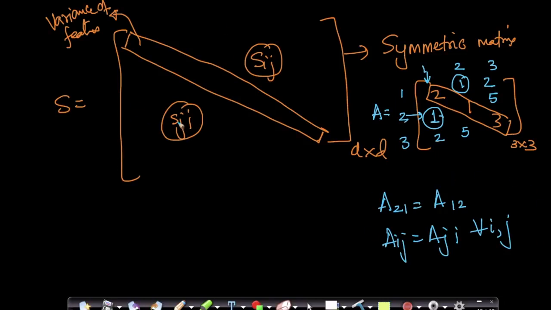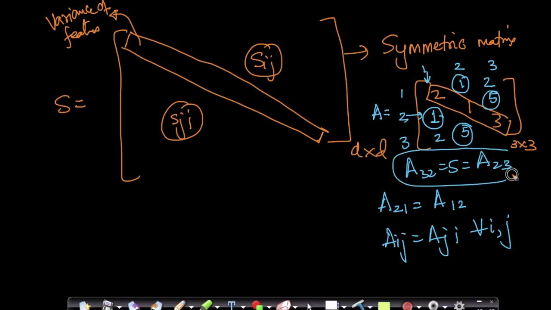In this matrix, since Sji equals Sij, look at it like this. This is A32, third row, second column, which is 5. What about A23? Second row, third column is also 5.